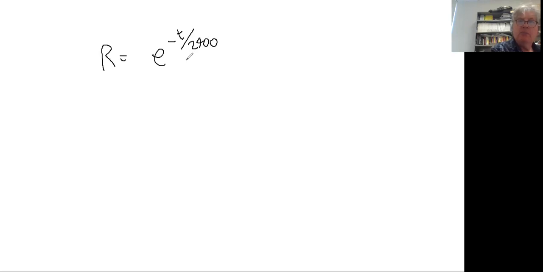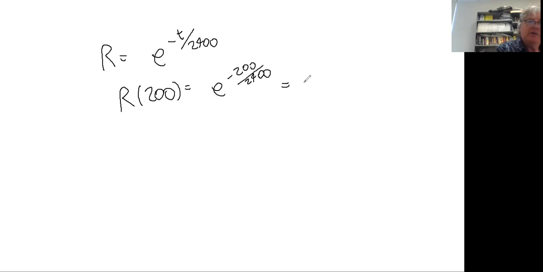Okay, the minus 1 over 2,400 is the k, and we start with 1 gram, so that's our R naught. And we want to know how much is left in 200 years. So we just plug in that. And if we go to the calculator, that's around 0.92 grams.